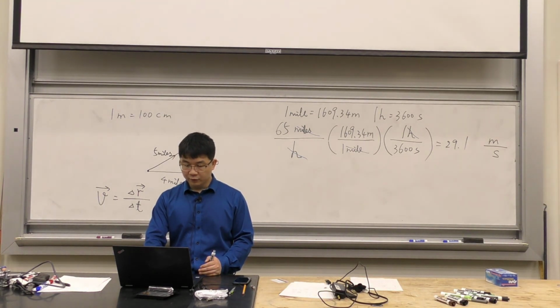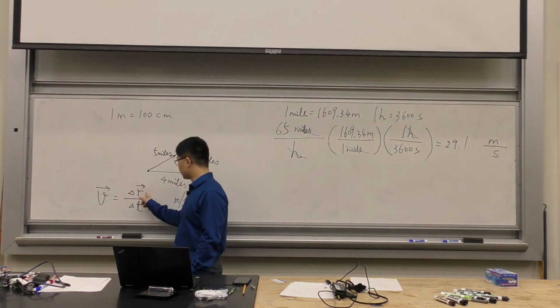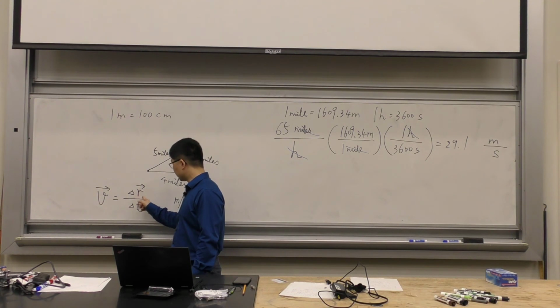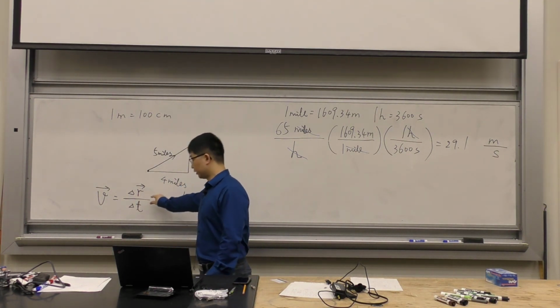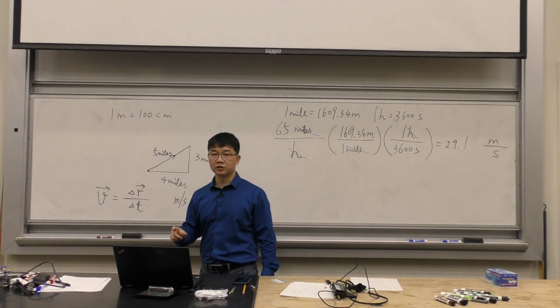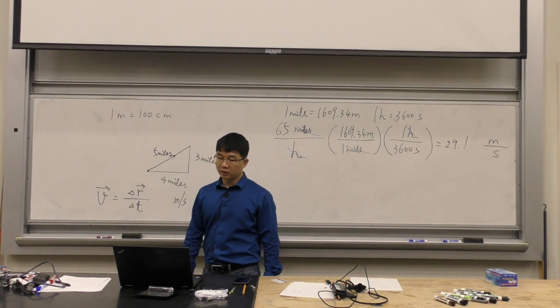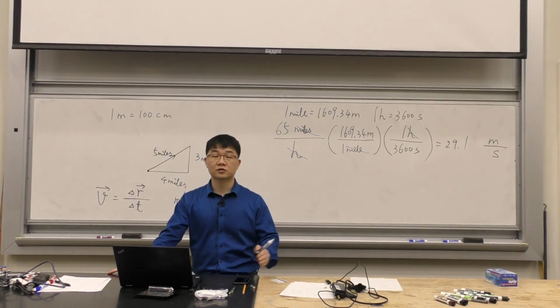So another thing we usually define is this. Once we define the velocity as the change in displacement over time, okay? Why do we define that, right? That tells you how fast this object is moving and also the direction. And then sometimes we are interested in how fast the velocity is changing.